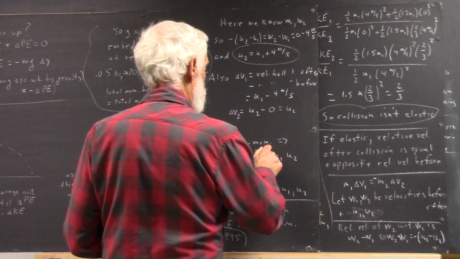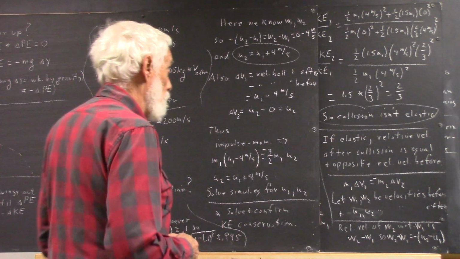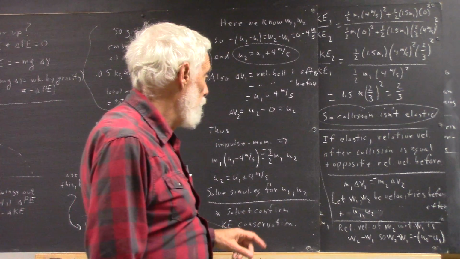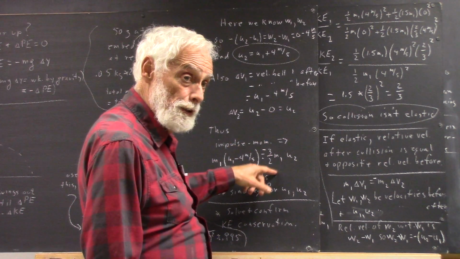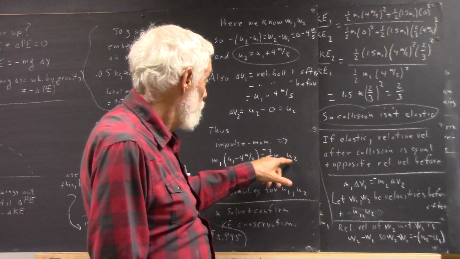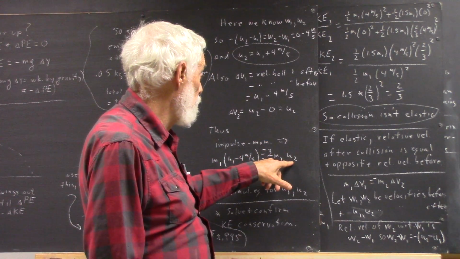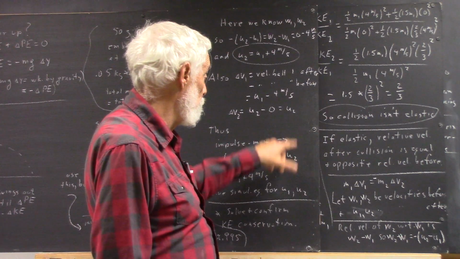If you're taking notes, I hope you watch this. Okay, so we have the negative of the mass of the second object, which is 3/2 m1, times the change in velocity of the second object, which is U2.